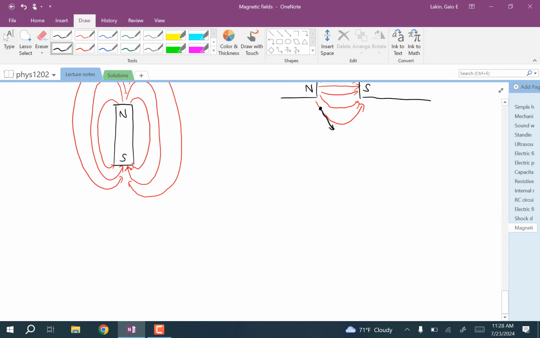And what we're going to see is that all of our magnetic related calculations are going to depend on that magnetic field vector B. So that magnetic field vector B is going to be the main vector that we're using in all these calculations.